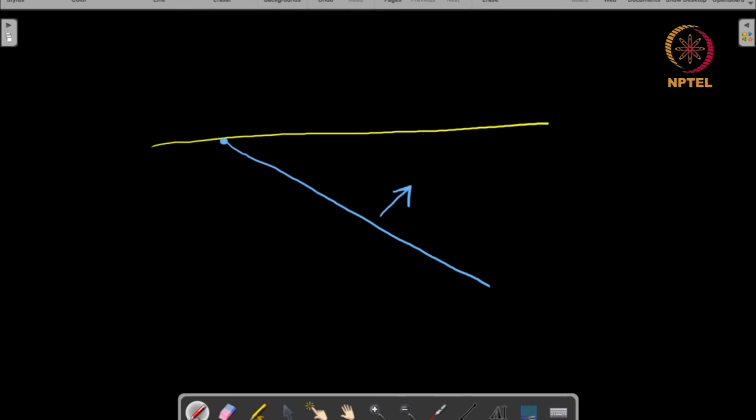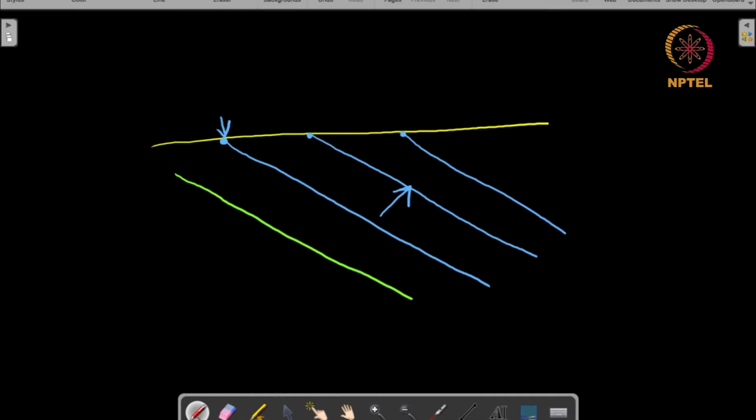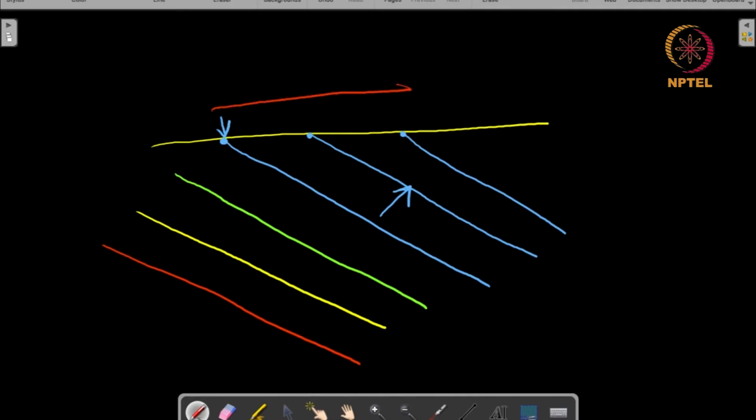So in the first instance, we have a release of energy here. Then later on, when the wave reaches like this, we have a release of energy here. Then later on, we have a release of energy here. But the release of energy at any point is not a one-off incident, because this wave is being followed by another parallel wave, which is being followed by another parallel wave, and so on. So this train of waves goes on releasing energy in this sequence.